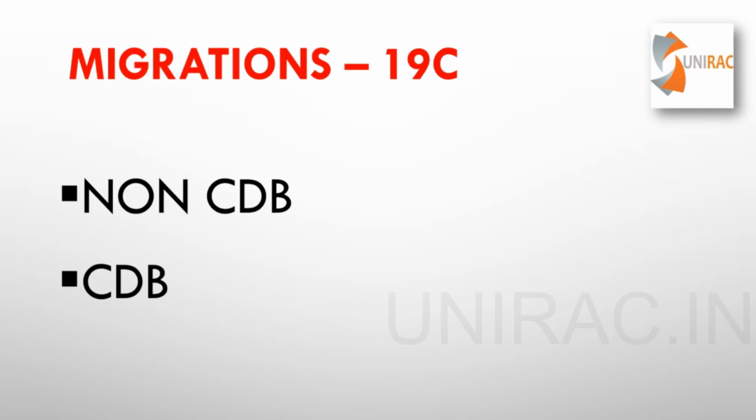They only mention the feature they use, but they forget to say what needs to be checked before migrating, which is the endian number. So let's see how to find out the endian number in a Linux system using the V$TRANSPORTABLE_PLATFORM view and V$DATABASE. These two views will help you to find out the endian number.